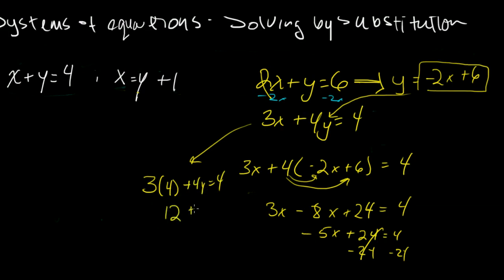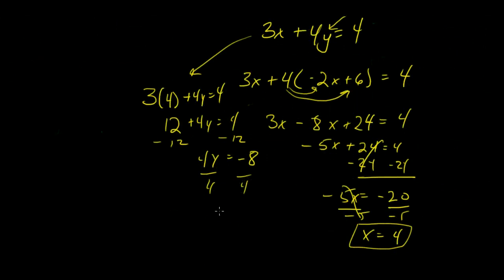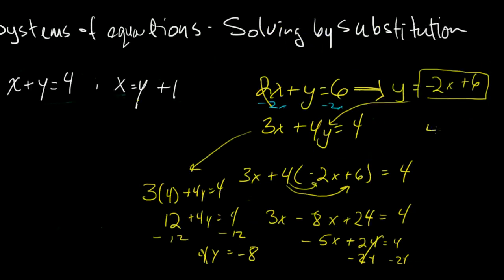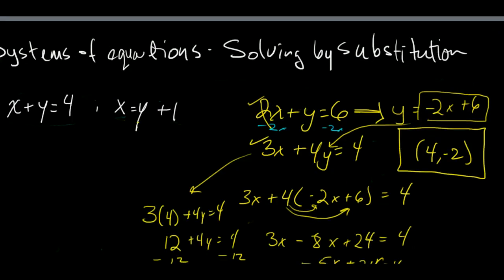So 12 plus 4y is equal to 4, which means that 4y is equal to negative 8, which means that y is equal to negative 2. So our solution to this system is (4, -2). And again, if I were to substitute those values into both equations, they should work, and that's how I solve a system of equations by substitution.